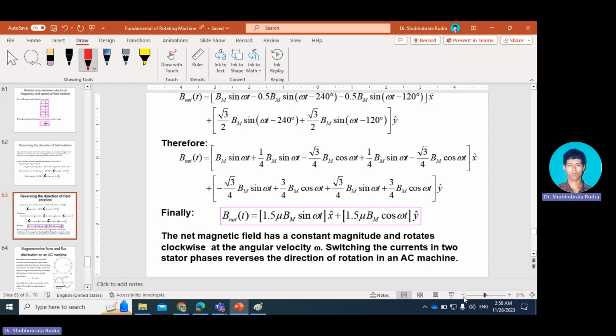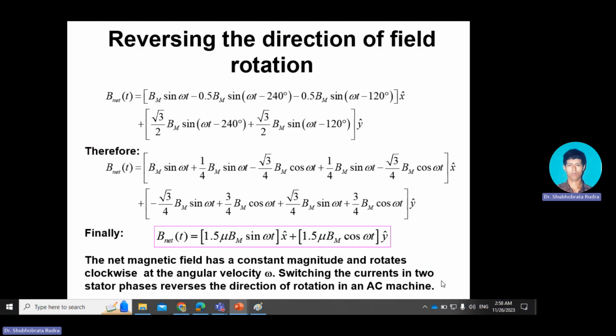If possible, you just go through this proof that reversing the direction of field rotation, and you will get this one. What we are talking about is that if we keep A phase connection unaltered, B and C phase will be reversed. So if we put it, this is our expression. Now, what changes happen? Changes happen due to shift.